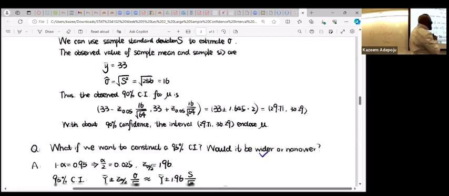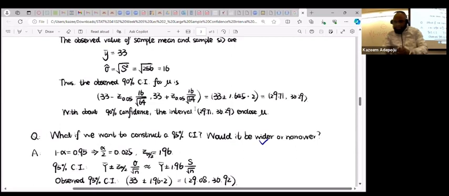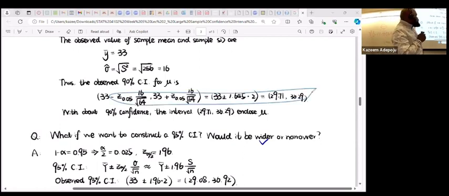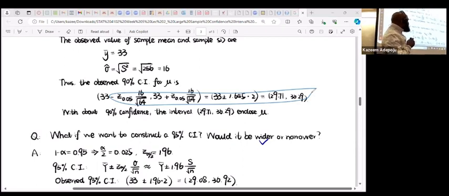So if you take a look at that now, you plug in the values. Then we go to the table to check for Z at 0.05, which we're going to multiply the result by.